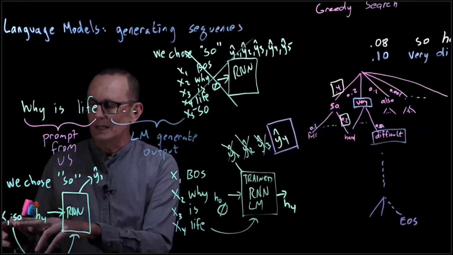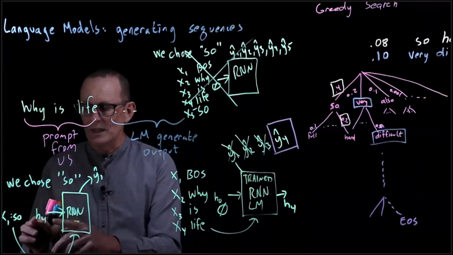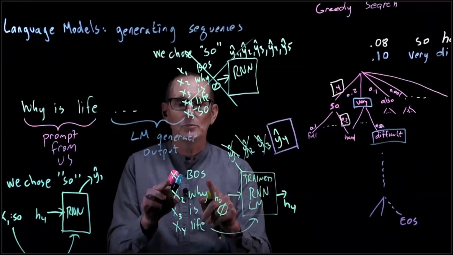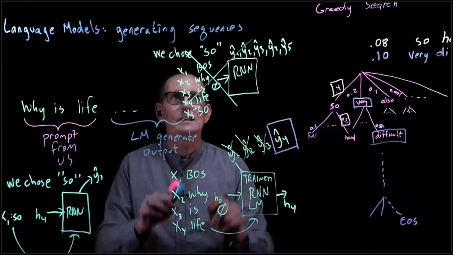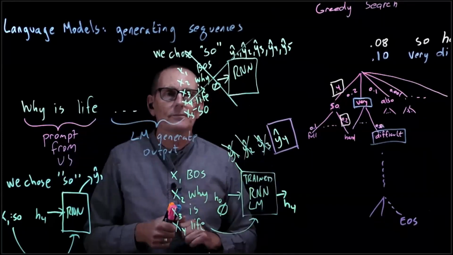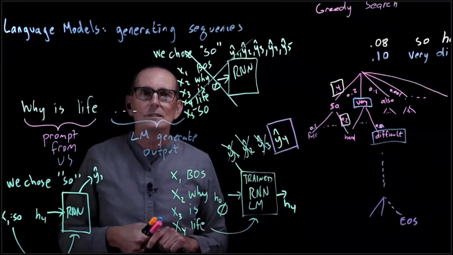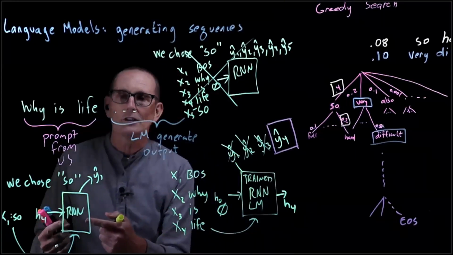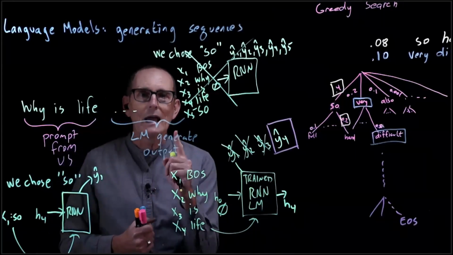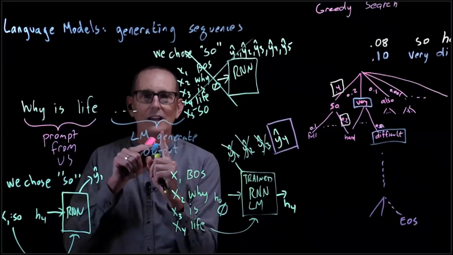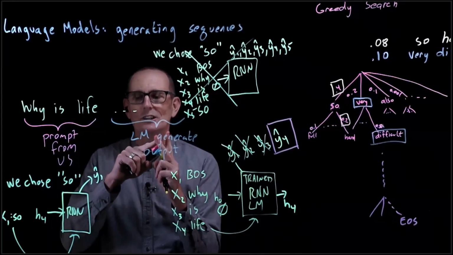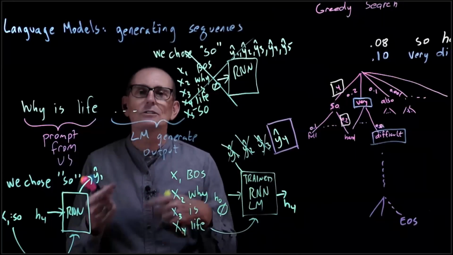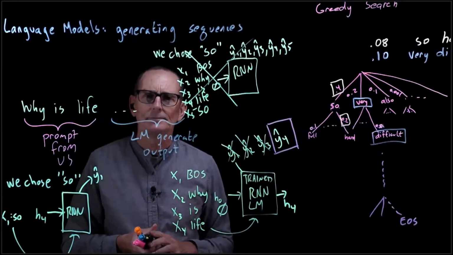So feeding in x sub 1, "so", with the output of the RNN after having put in these 4, is identical to just feeding in all 5. So that's going to make this cheaper, in that each word that we generate, we only have to call the RNN with 1 x and 1 h and get out 1 y hat and 1 h. And then we'll feed in that new h to the next layer. Does that make sense?